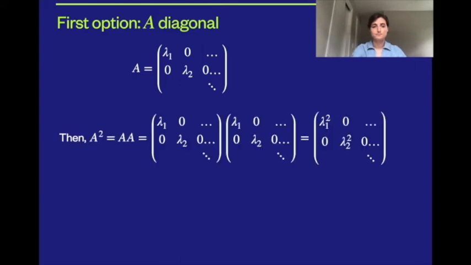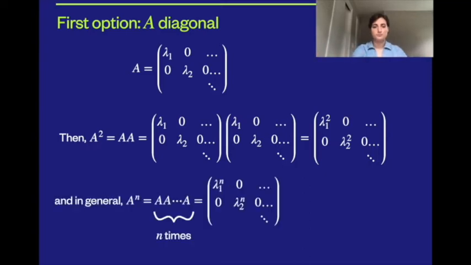So let's look at A times A when A is diagonal. You're multiplying a string of zeros, and the only term that is non-zero is the value on the diagonal itself. That gets multiplied by itself in the second matrix. So A squared is the square of the diagonal. We don't have any extra term popping up.